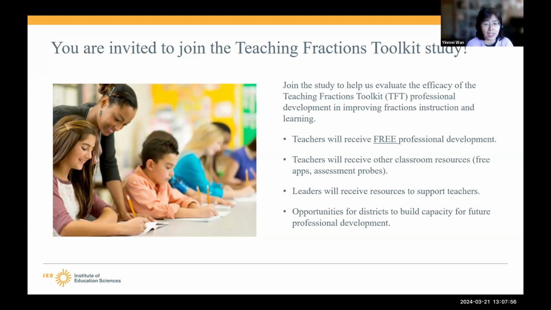School and district leaders will receive resources that will help them support teachers. This is also an opportunity for districts to build capacity for future professional development. Districts will have the opportunity to send their local staff to be trained as co-facilitators so that they can, going forward, facilitate PD themselves.